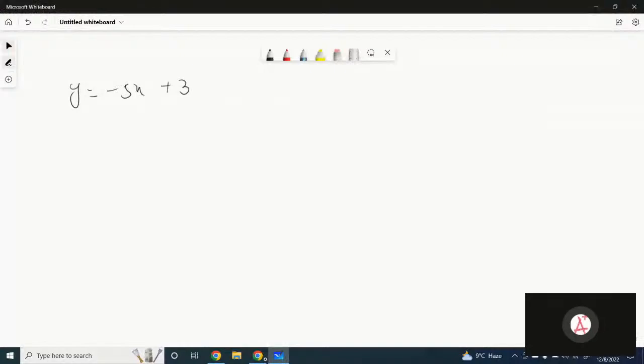You have to compare the equation with the general form of the slope intercept form, y equals mx plus b. We just compare the values, so m equals -5 and b equals 3. Got it? This is the simplest way to find the slope and the y-intercept.